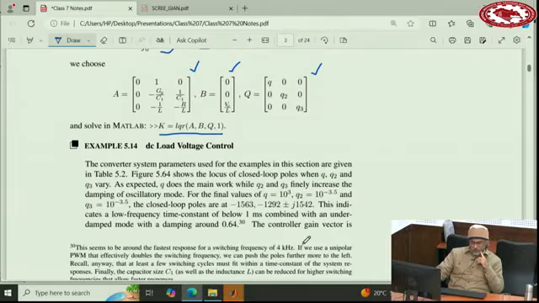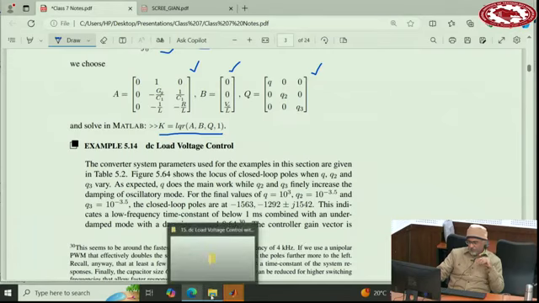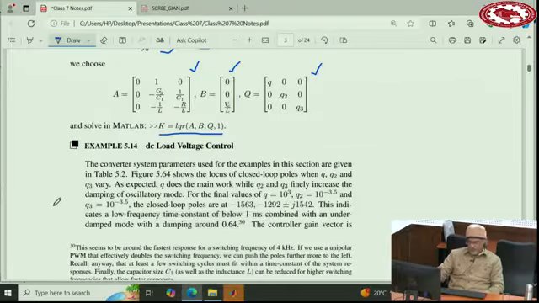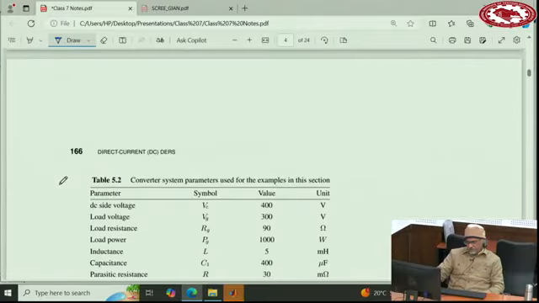This example I think we will check on what I have. No, the next example I will do the simulation, but anyway, let's carry out the design here.